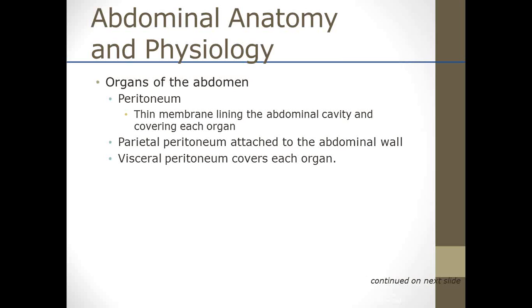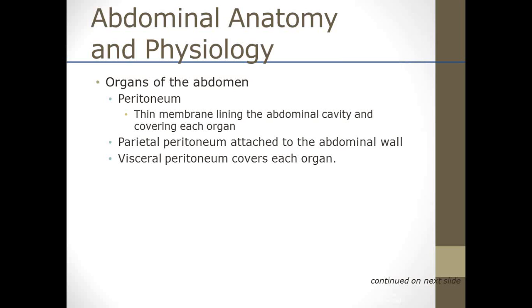Otherwise, it would cause friction, like if you rub your hands together, it causes heat. And so if that's constantly rubbing against each other, it would cause heat and irritation and cause that to hurt. If ever we lose that fluid in there, then we do start to get that friction, and we call that pleurisy in our chest, when it hurts every time we take a breath.